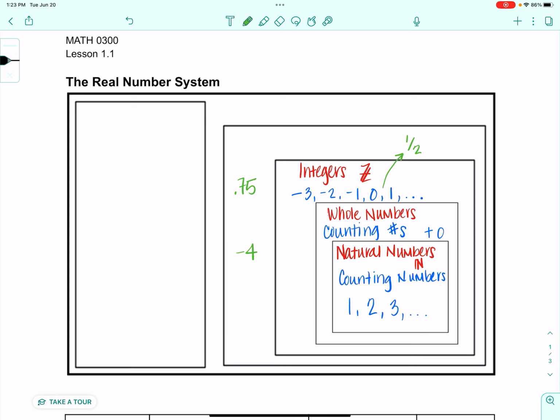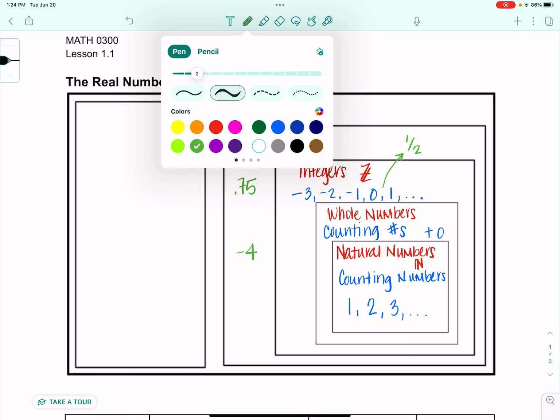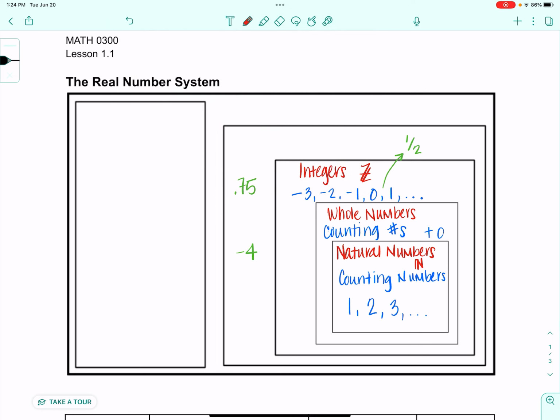When we include the integers and fractions, we have added some more numbers. So this includes what we call the rational numbers.